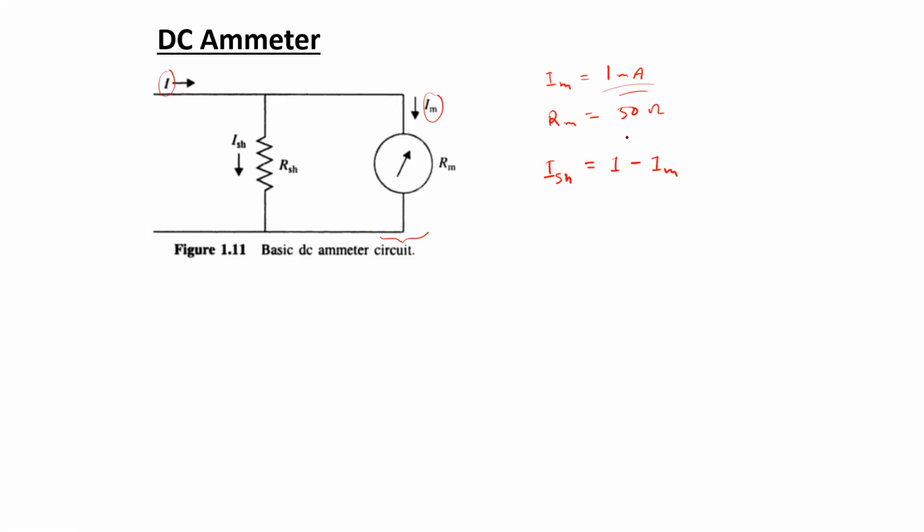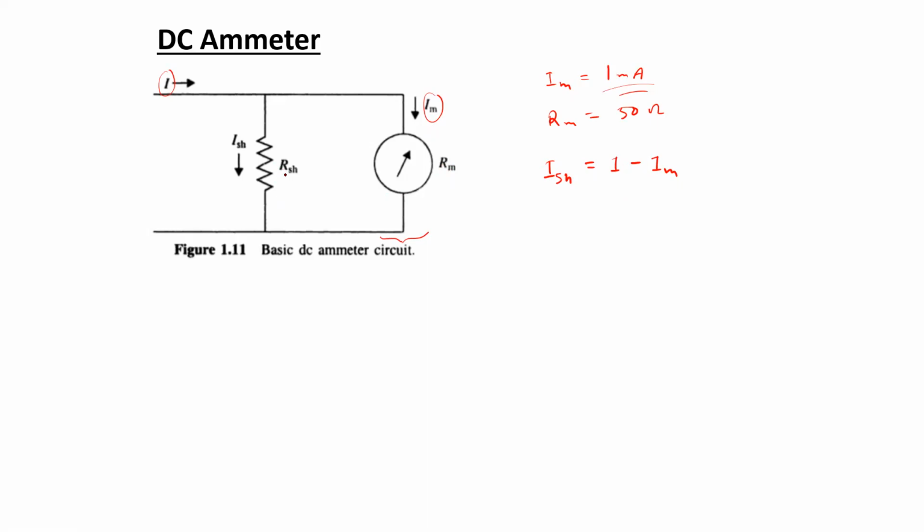So the PMMC meter will carry its maximum rated current, which is the full scale deflection current, and the rest of the portion is going to be bypassed through the shunt resistance so that the PMMC coil doesn't get damaged.